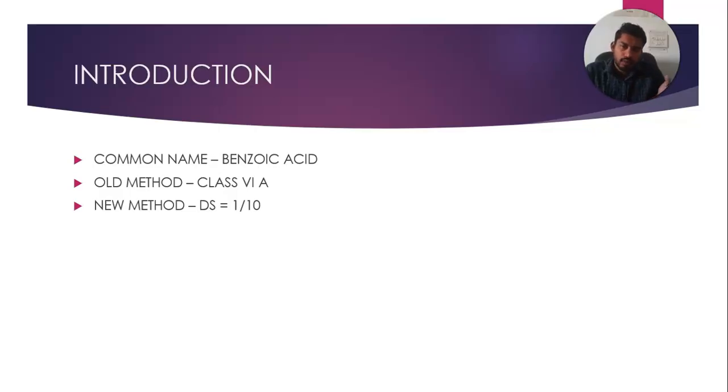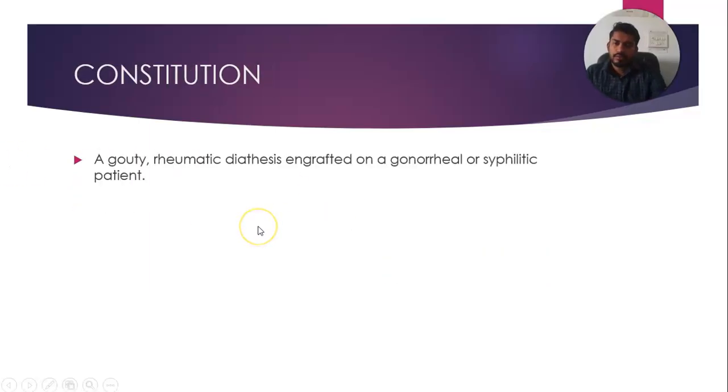Now, from a pharmacy point of view, you need to remember benzoic acid as well as carbolic acid, which usually stay away from the usual rule. Acids usually come in class 5 preparation by the old method, whereas benzoic and carbolic acid belong to 6A. The new method has a drug strength of 1/10.